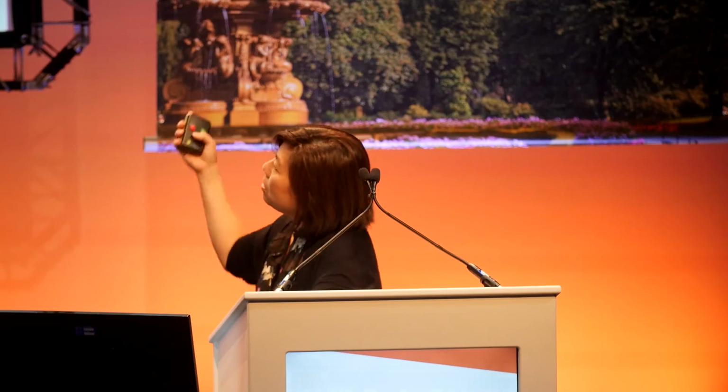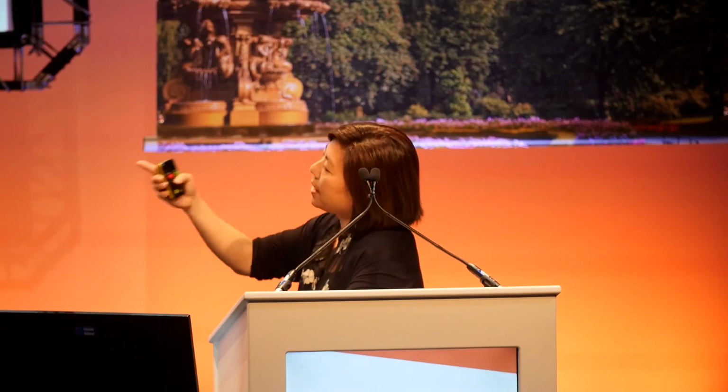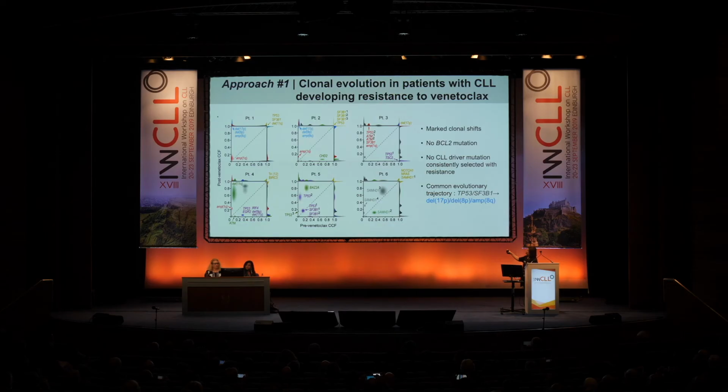And when we looked at these 2D plots where the x-axis is the pre-treatment cancer cell fraction and the y-axis is the post-treatment cancer cell fraction, we clearly see that there are clonal shifts going on. We did not find any BCL2 mutations.